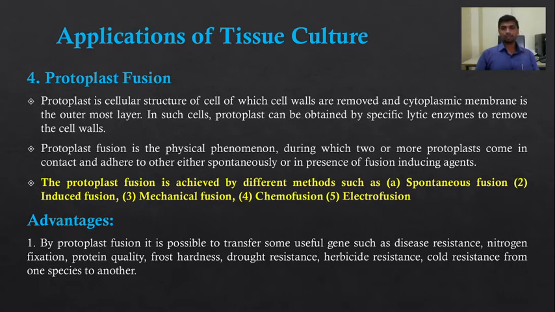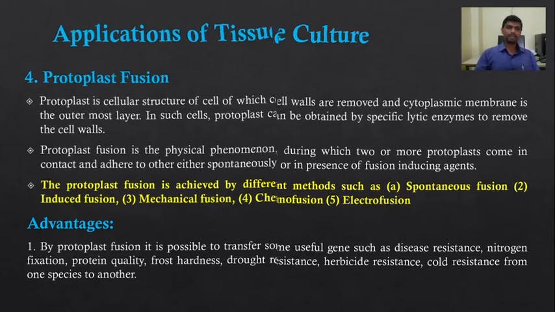So these are the agronomic characters, the useful traits that can be transferred by using protoplast fusion. Some genes confer resistance to diseases, some genes are responsible for nitrogen fixation, for example the nif gene, the nitrogen fixer gene, protein quality, frost hardiness, drought resistance, herbicide resistance, cold resistance. Such genes can be transferred from one species to another by using protoplast fusion.